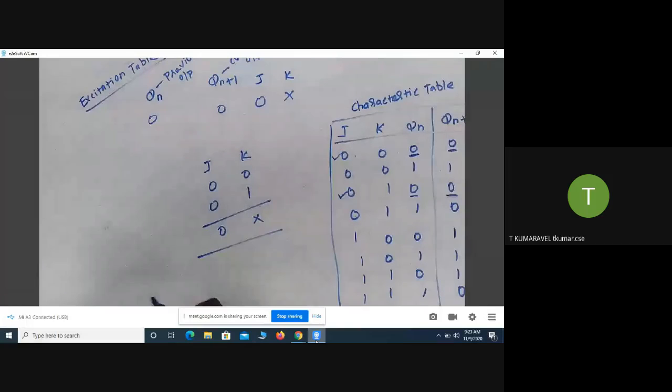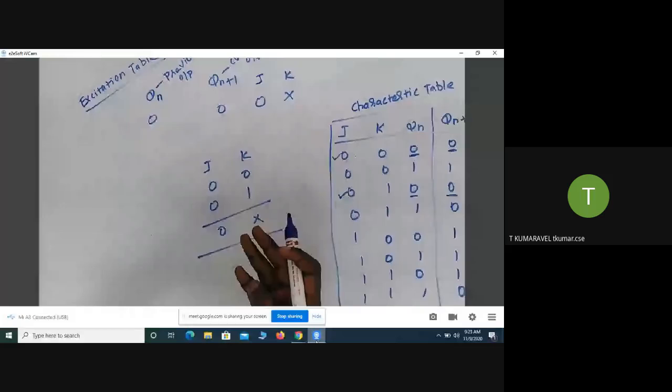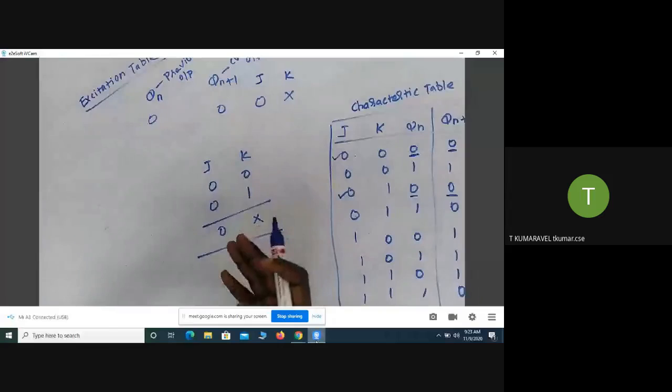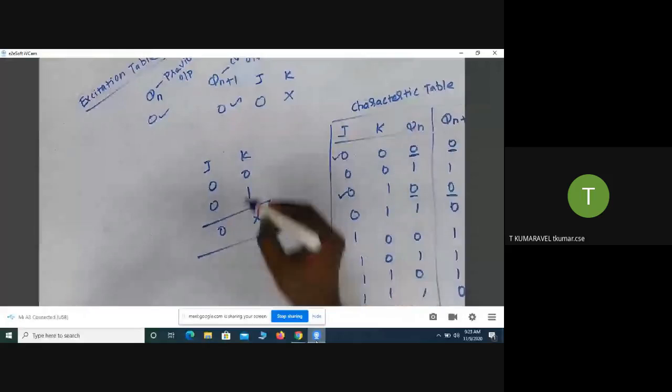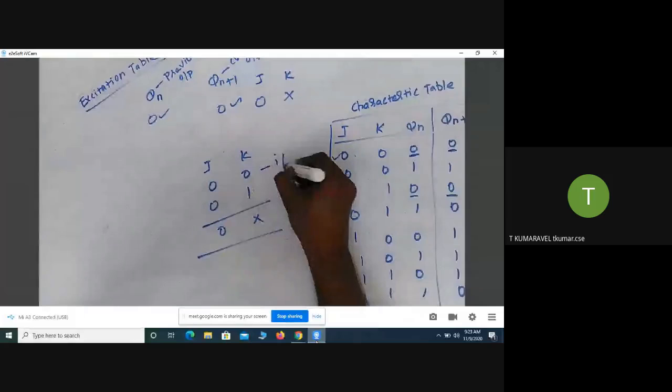So what is the objective of the excitation table? I'm going to take the previous stage output and, parallelly, the current stage output. If this is a 0 and this is a 0, in the sense, what is the input combination for JK? Two input combinations are available. This is one input combination, and this is another input combination.